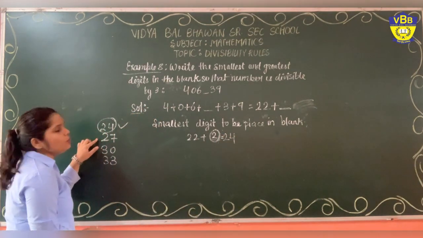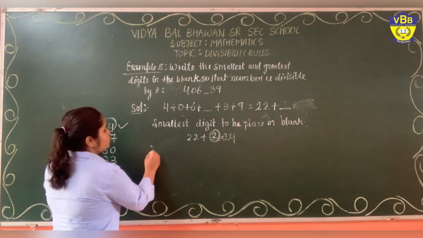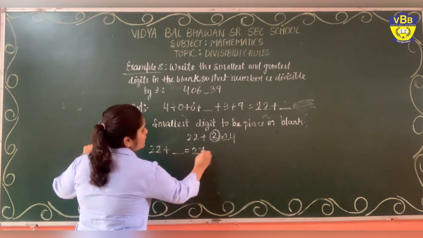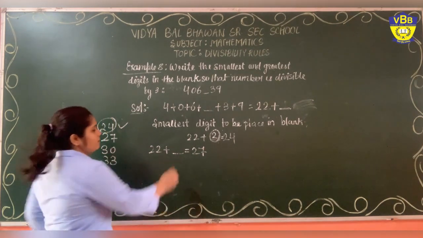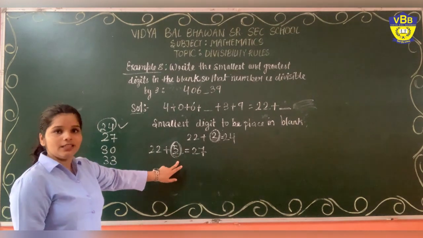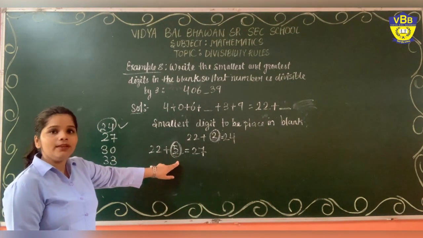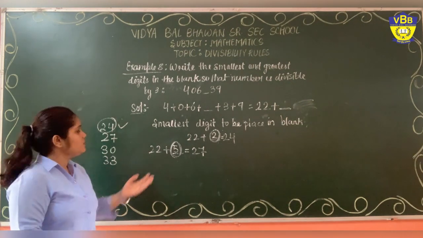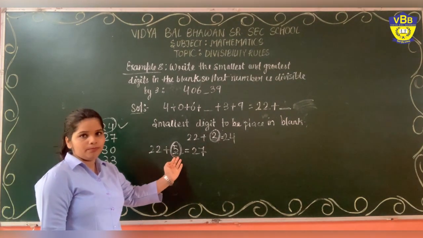Now if you want to make 22 as 27, what number should be added here? 5. But is 5 the greatest digit we have? We have 6, 7, 8, 9. So we have more digits bigger than that.